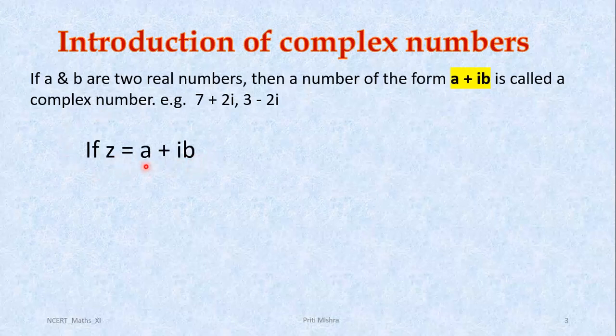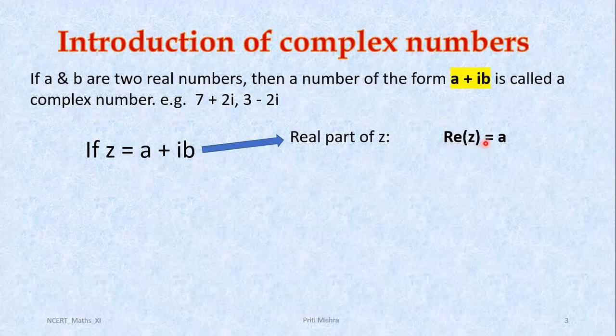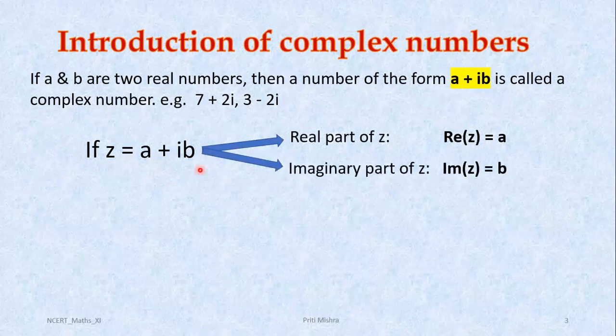And here you can see we have two parts of this complex number, or we can say two terms. The term which is free from iota is known as the real part of the complex number z, and we denote it symbolically as Re(z), which is a. And the term which involves iota is known as the imaginary part of the complex number z, and we write it as Im(z), which is b.